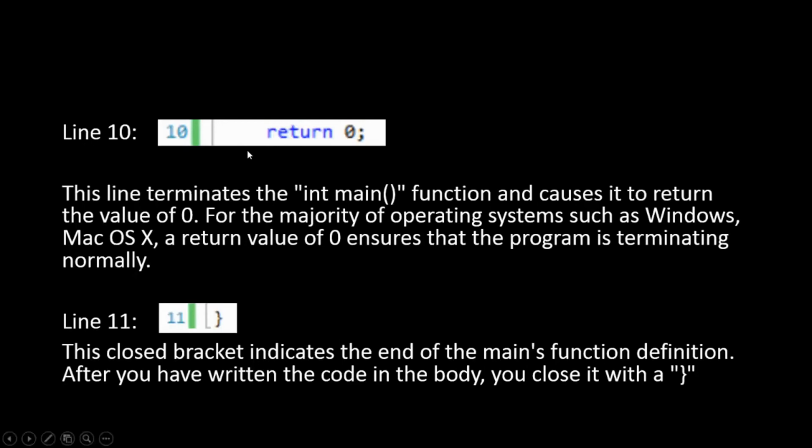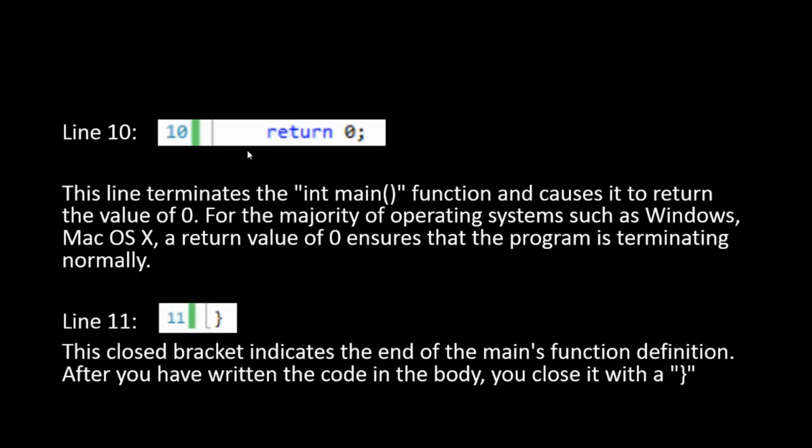After that, it's line 10, return 0. This line terminates the int main function and causes it to return the value of 0. When you're programming on Windows or a Mac, a return value of 0 ensures that the program is terminating normally.